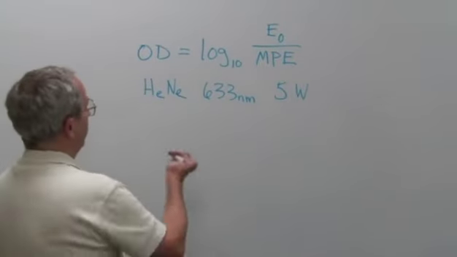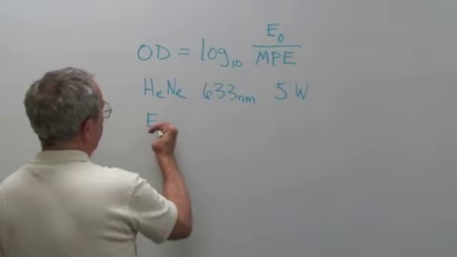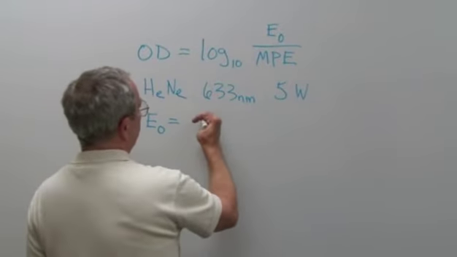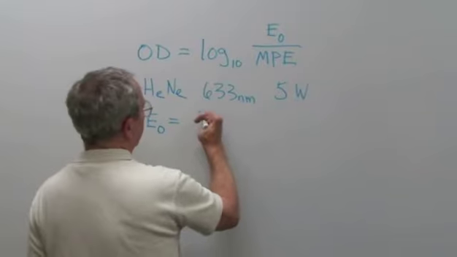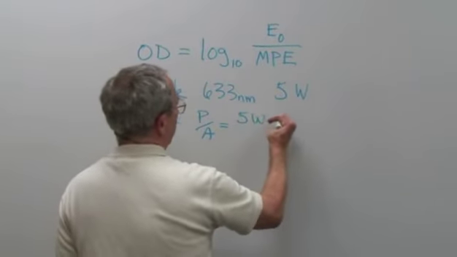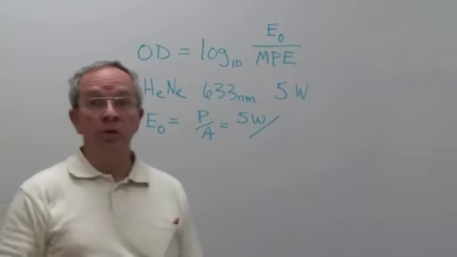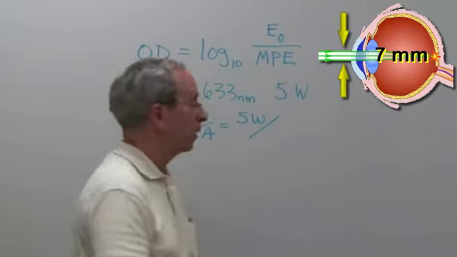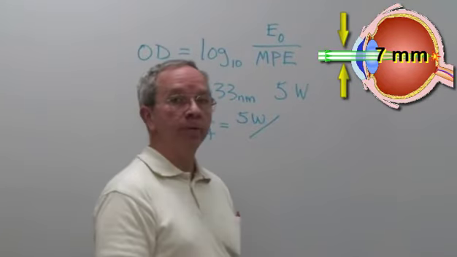So, what will be the incident irradiance for a 5-watt laser? The power would be 5 watts, and for the area, we're going to use the area of a 7mm pupil. What would be the area of a 7mm pupil?